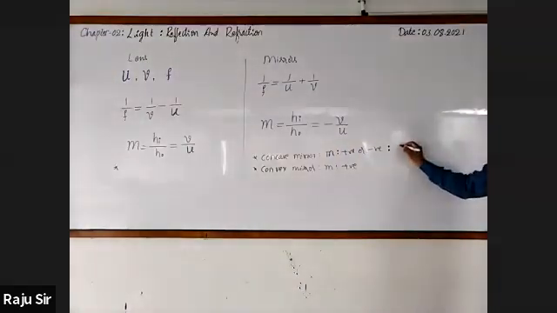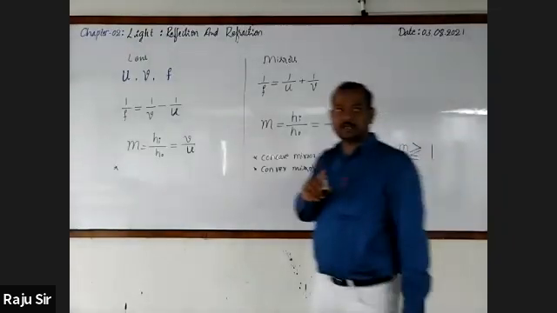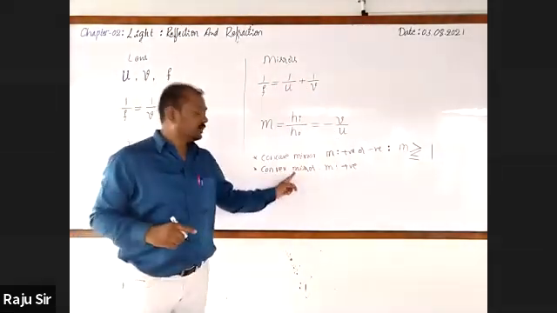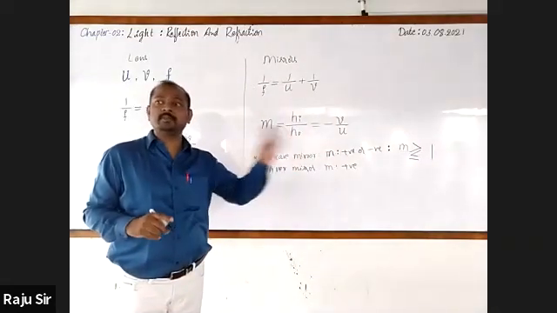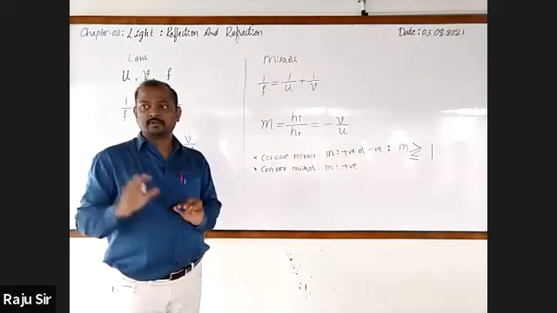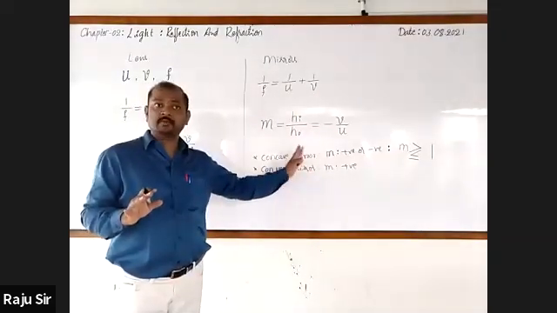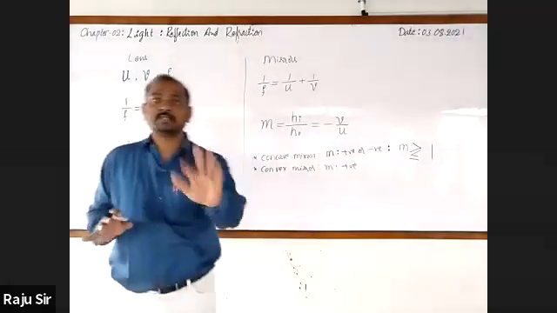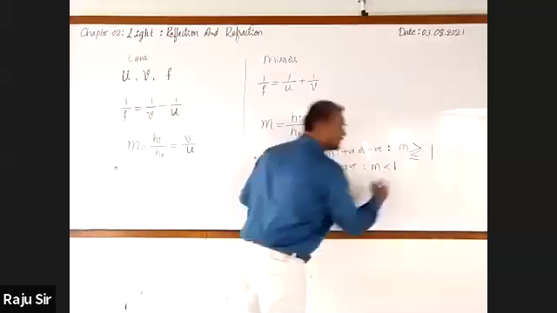Hence, magnification will be greater than 1, equal to 1, or less than 1. Whereas for a convex mirror, we always get a diminished image, smaller than the object. Hence, m is always less than 1.